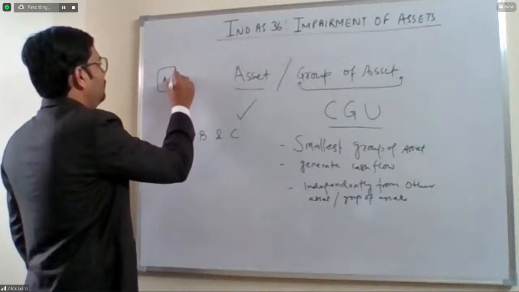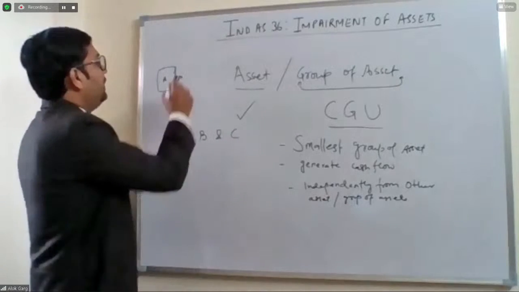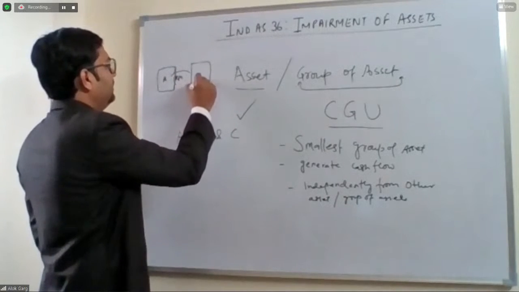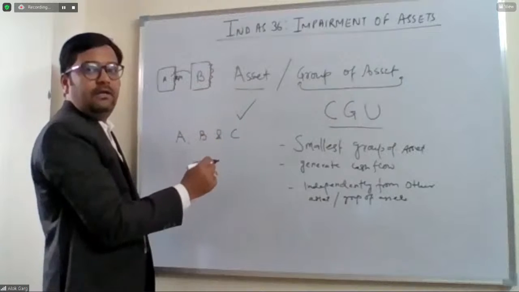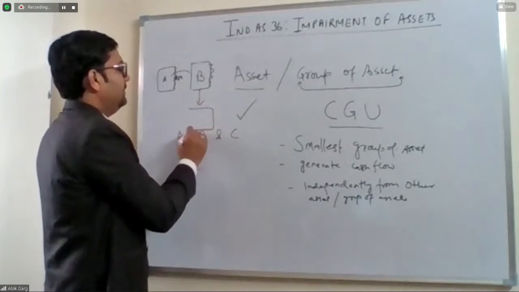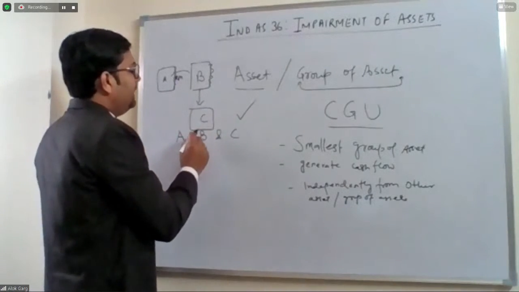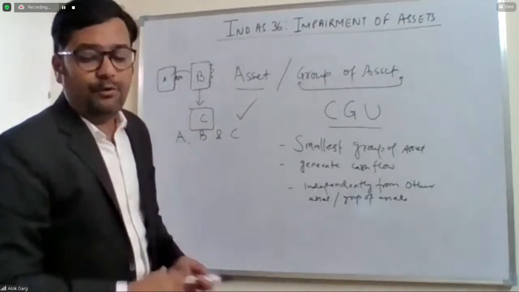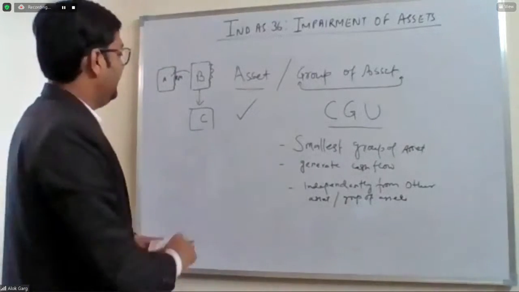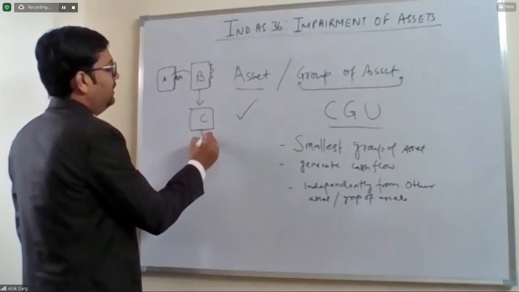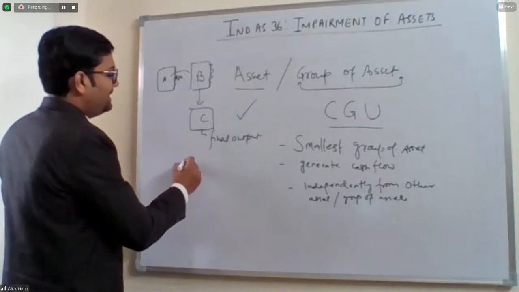When machine A processes the raw material, it goes to machine B. After processing from machine B, it goes to machine C. And machine C produces the final output, which is sellable in the market.